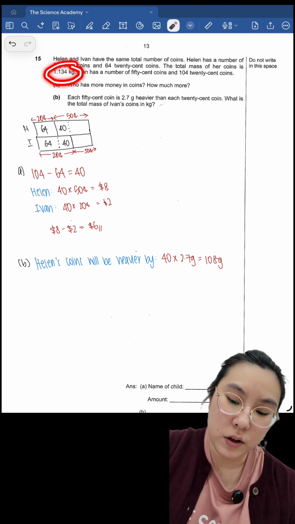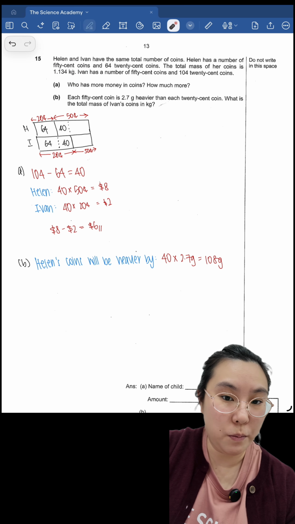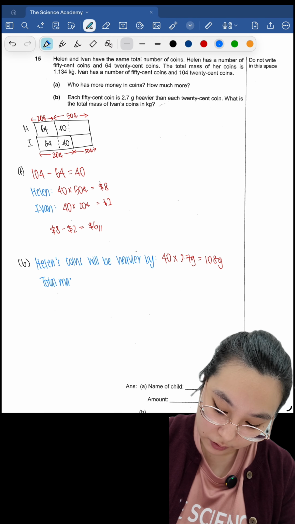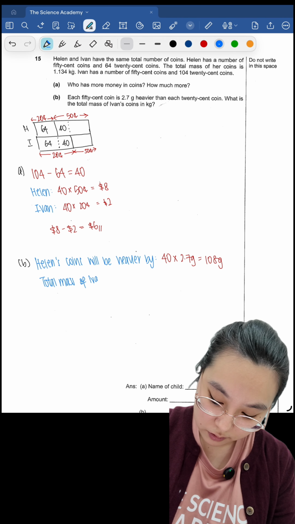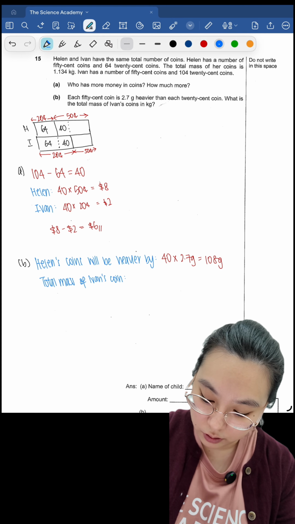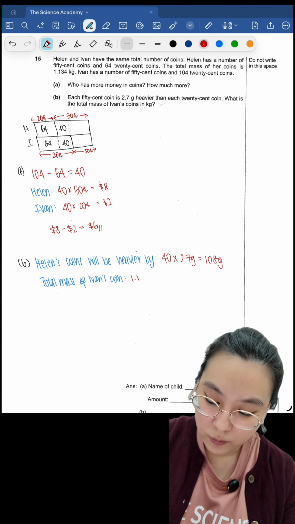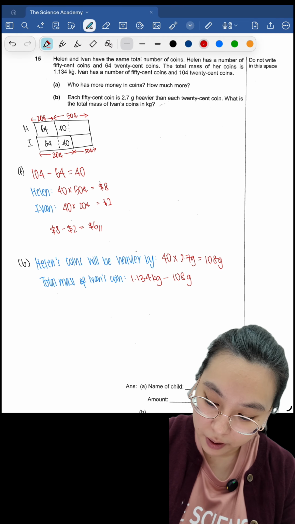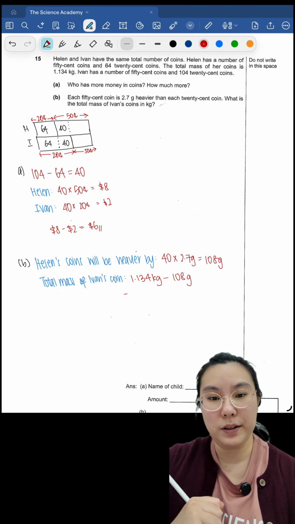Now, I know the total mass of Helen's coins is 1.134. So therefore, the total mass of Ivan's coins will be lighter, and it will be lighter by 108 grams.